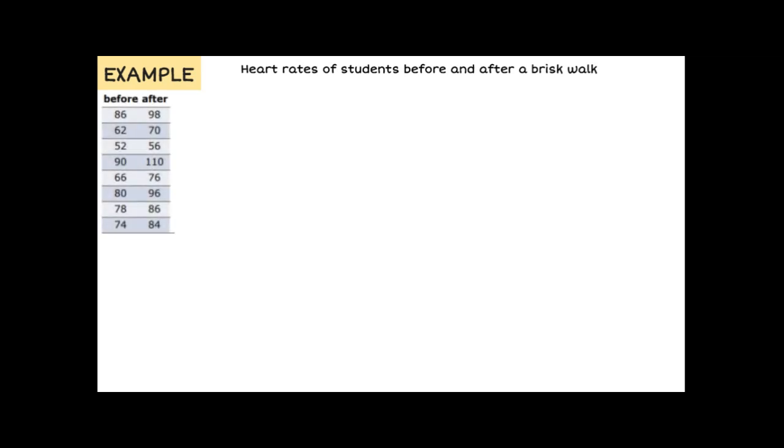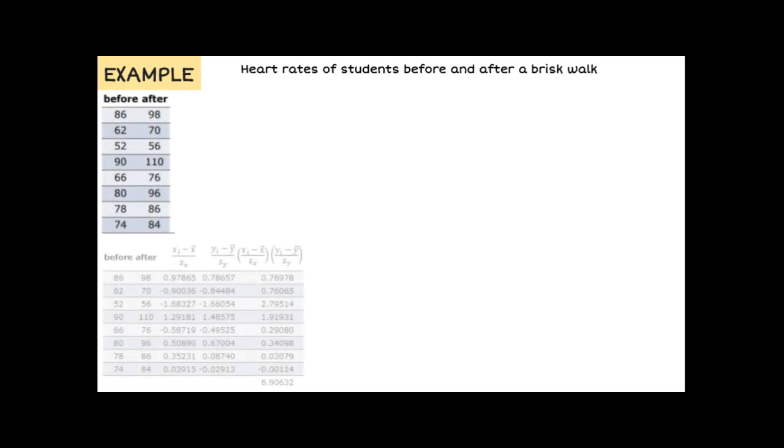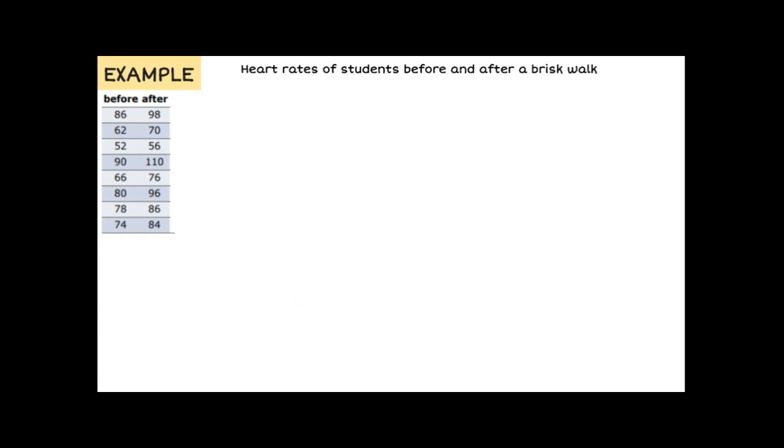So let's try to calculate a correlation ourselves. To make our data set a bit more manageable, let's use the before-after data from example 1 in section 4.1, the heart rates of students before and after a brisk walk. But let's just use the first 8 of our sample. Let's find the linear correlation coefficient.